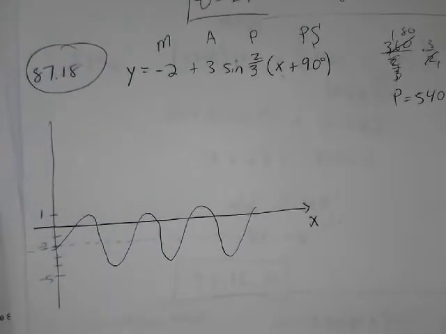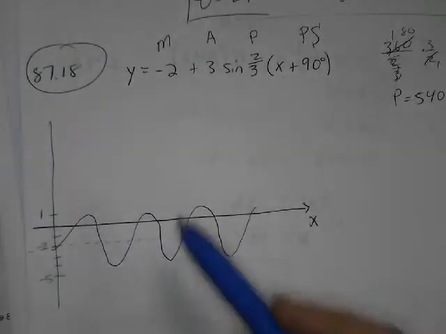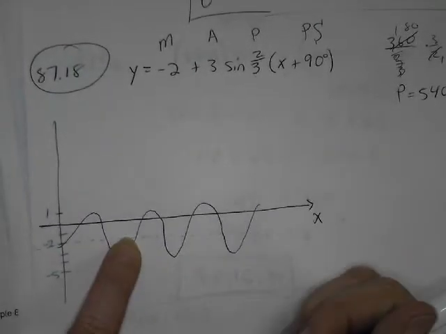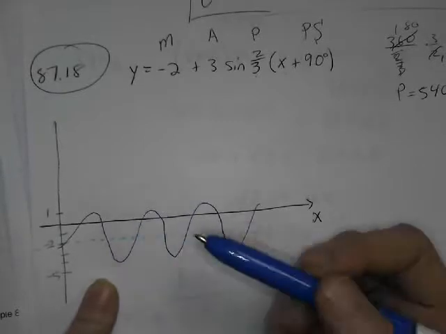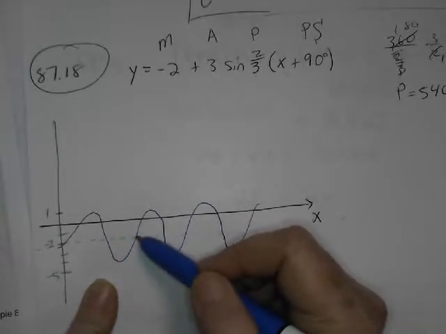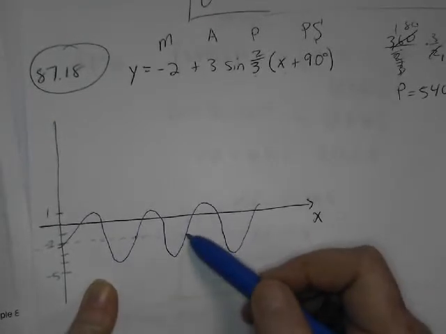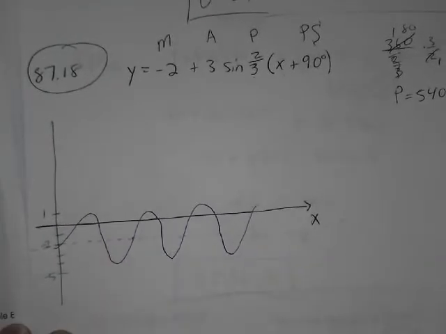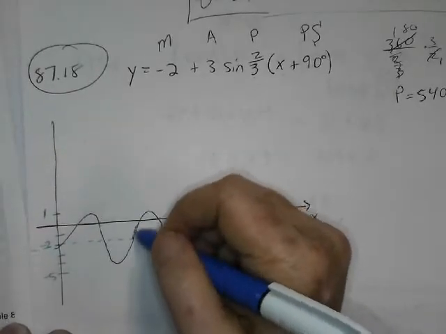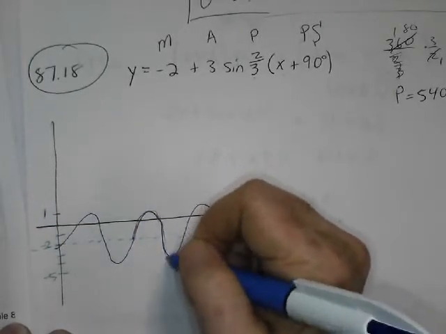And then I'll just pick a nice place. I'm going to make it start right here and end right here. I'm just choosing this red part for one cycle.